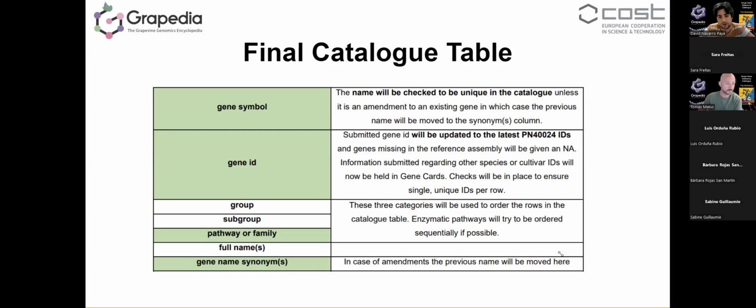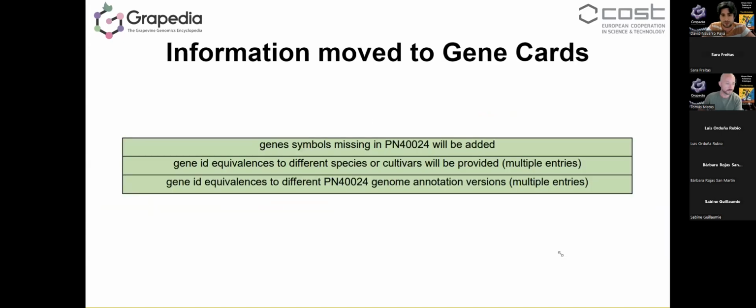The same thing, if we're changing gene names, they will go to the gene synonym, in the sense that we'll also keep a traceability of all the names that a gene had in the past. Some of the information kept by gene cards is mainly the equivalences to other PN4024 annotations, and also further genomes and assemblies.